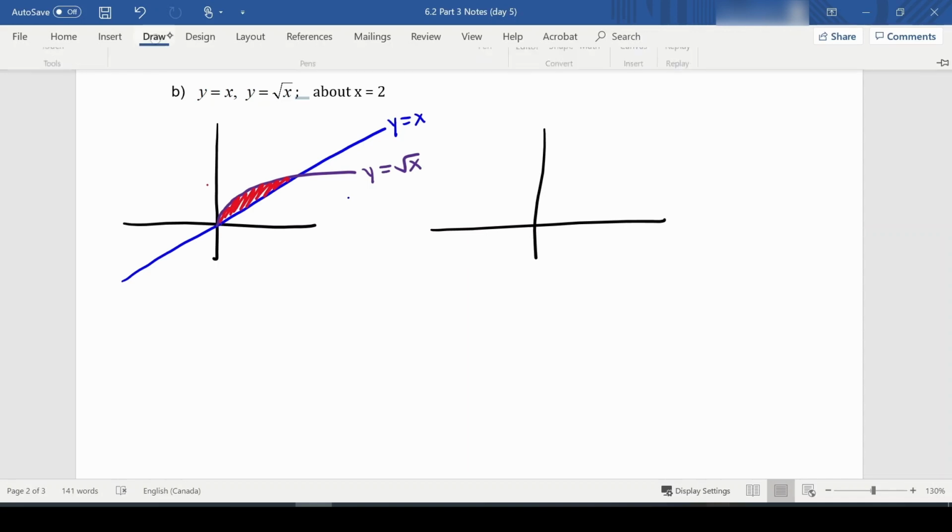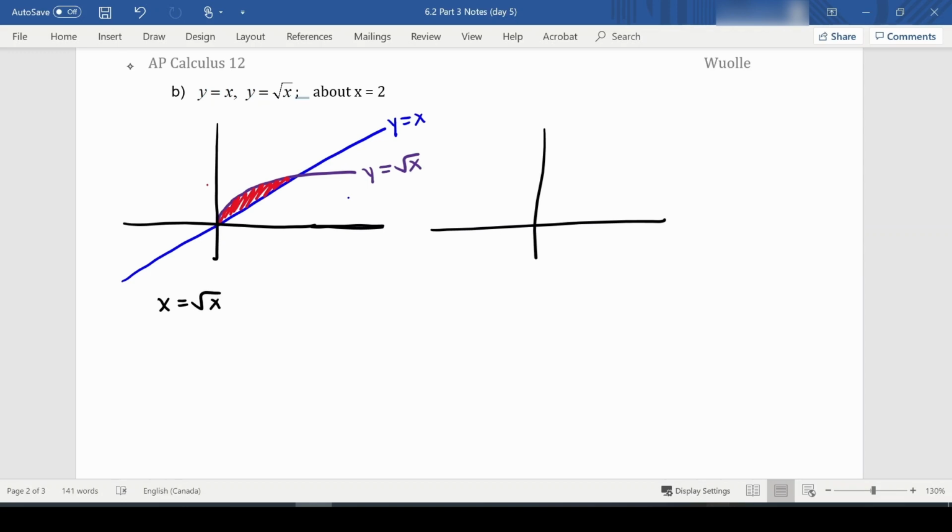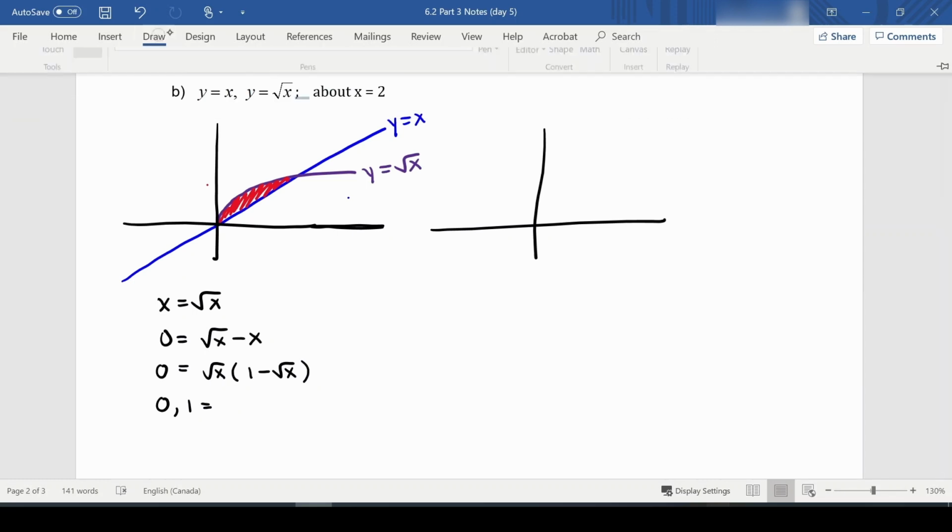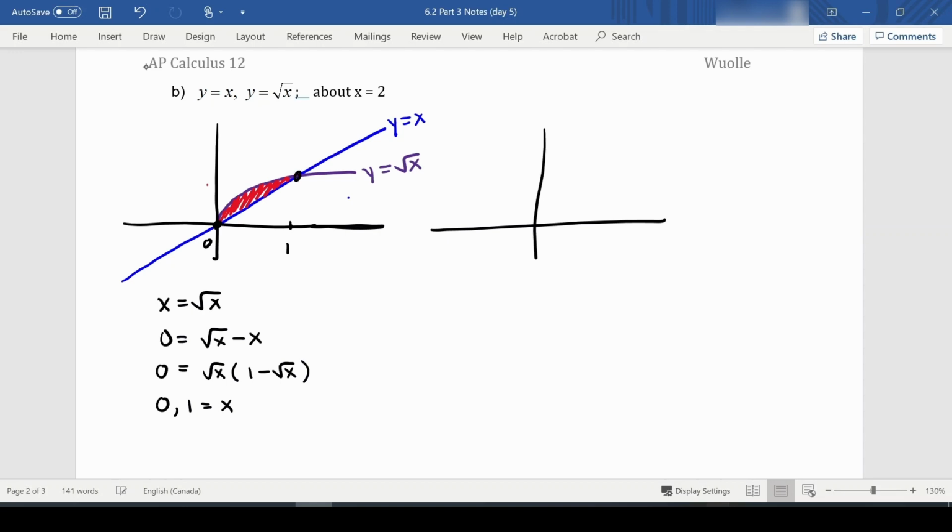The first thing I would do is figure out where these are intersecting. So we have x equals root x, or 0 equals root x minus x, or 0 equals root x times (1 minus root x), so x equals 0 or 1. So this is at 0, this is at 1, which means the line x equals 2 is over here somewhere, and that's what we're rotating around.